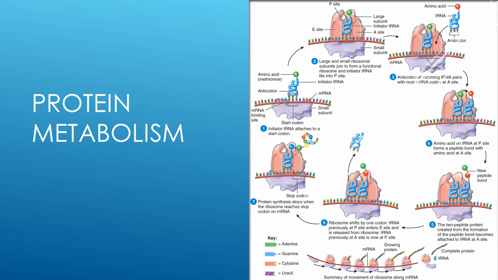So remember that this picture on the right is how proteins are made. This is called protein anabolism. This is how proteins are made at the ribosome. It's the formation of peptide bonds between amino acids to create proteins. So remember here we have the small subunit and the large subunit of the ribosome that come together on the mRNA molecule that codes for a protein.